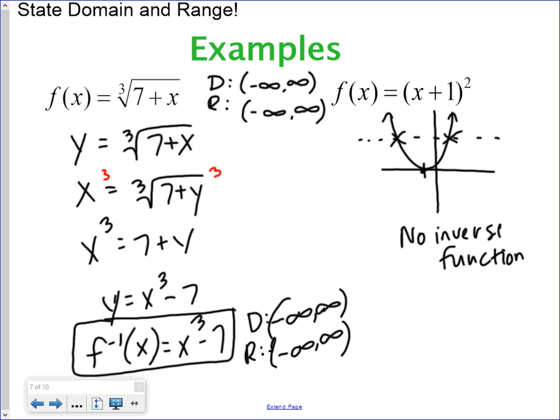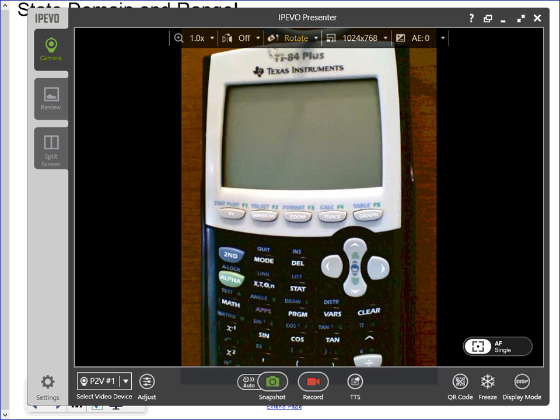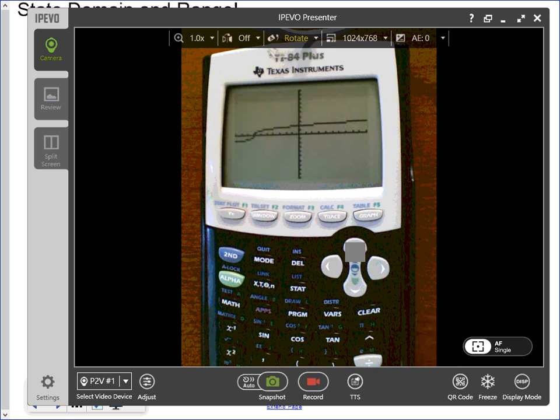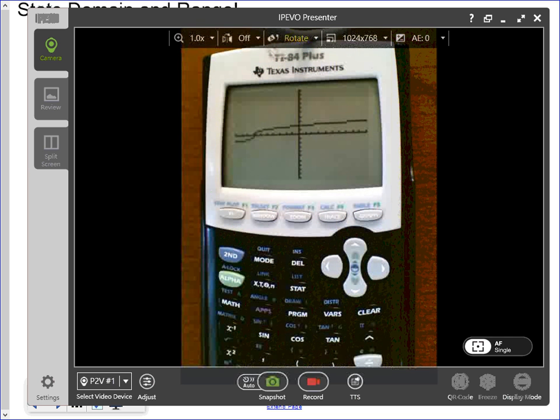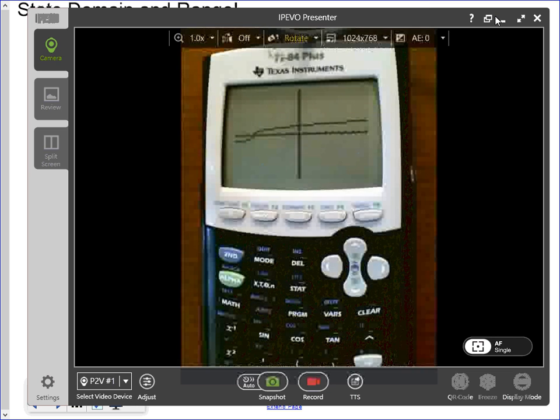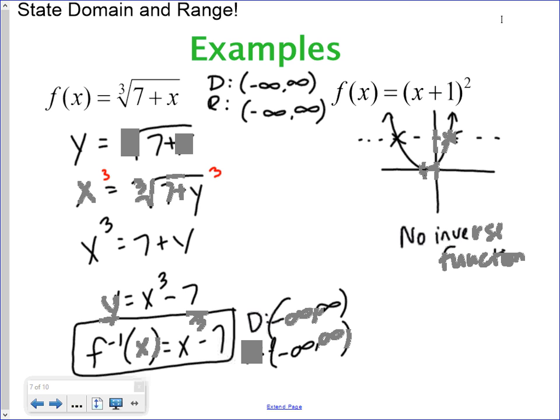If I go back to my picture of my graph for the original function there on our first example, when I look at that graph, notice it's going all the way left, it keeps going, it's going all the way right, it's continuous in between, it's all real numbers for domain. So when one side's going left and one side's going right and you're continuous in the middle, all real numbers. A cube root, you can take cube roots of odd numbers where you can't take square roots of odd numbers. Okay, so it's not a square root function.